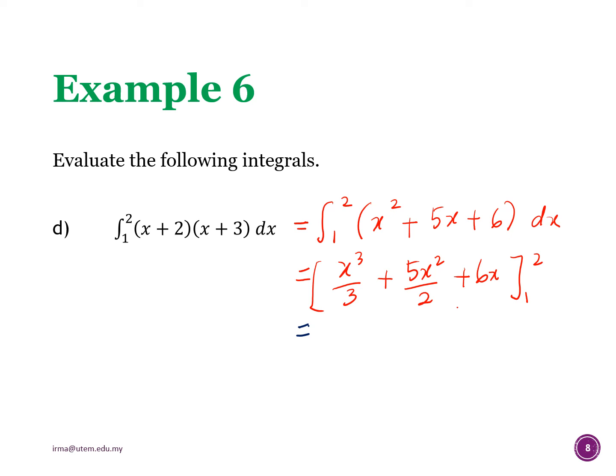We substitute the upper limit first, which is 2 cubed over 3 plus 5 over 2 times 2 squared plus 6 times 2.